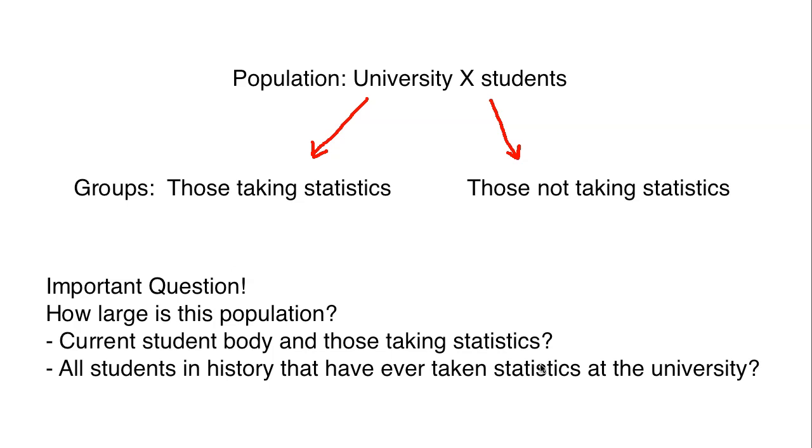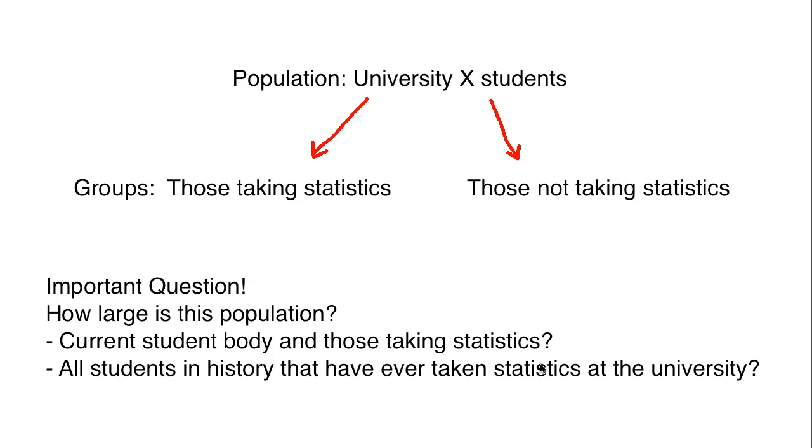Even though they both stem from University X, one is looking at the entire student body that's ever passed through and is currently attending University X, and the other is only looking at the current population, or those that reside at University X right now, freshman through senior. So it is important to define population and sample, and that's why I led with that.